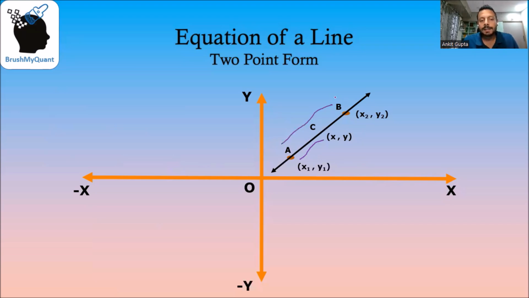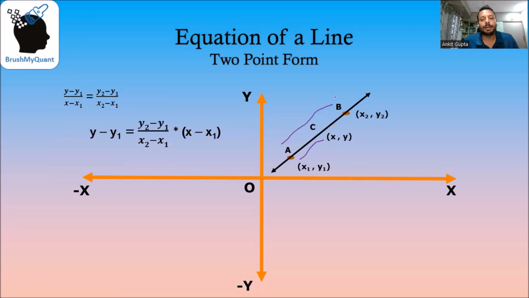So that means y minus y1 divided by x minus x1, which is the slope of the part CA of the line, is equal to the slope of the entire line which passes through B and A, is equal to y2 minus y1 divided by x2 minus x1.